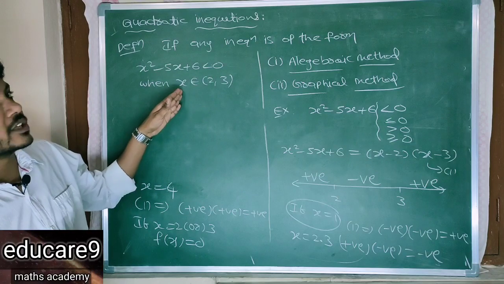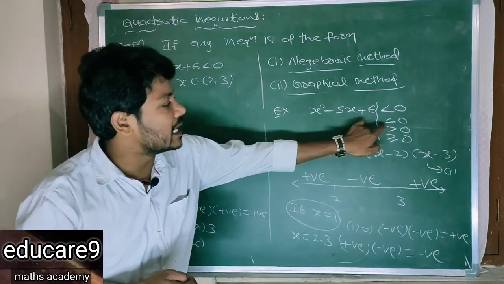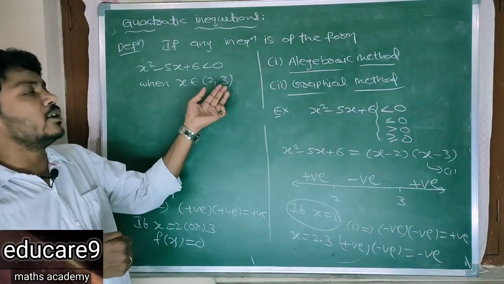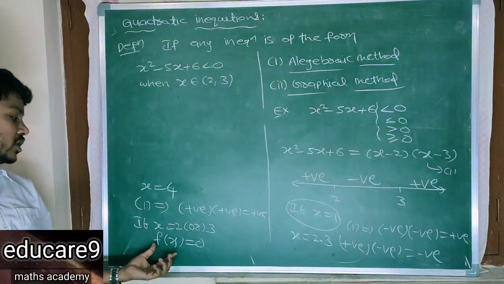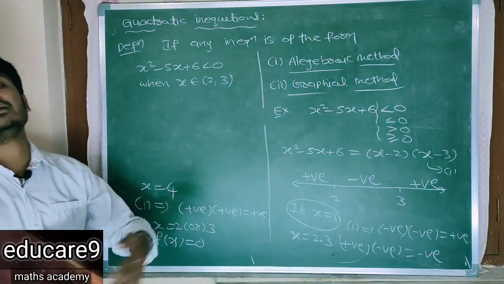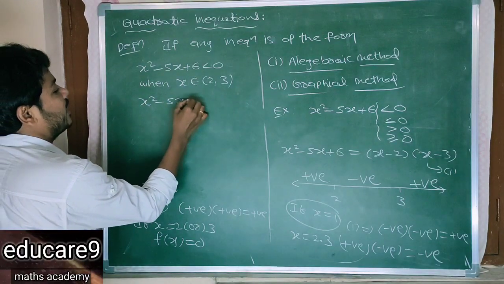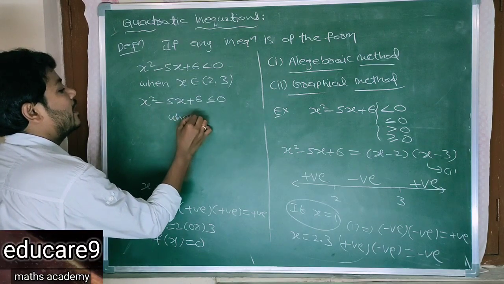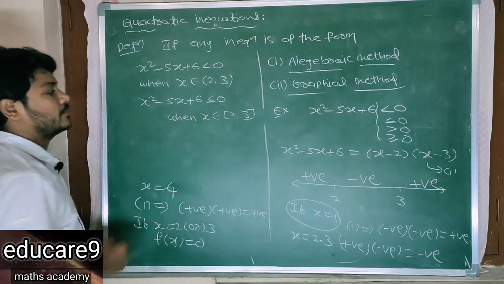This is the solution for less than 0. The second one, less than or equal to 0: x lies between 2 and 3, and equality also holds when x equals 2 or 3. So x square minus 5x plus 6 is less than or equal to 0 when x belongs to the closed interval 2, 3.